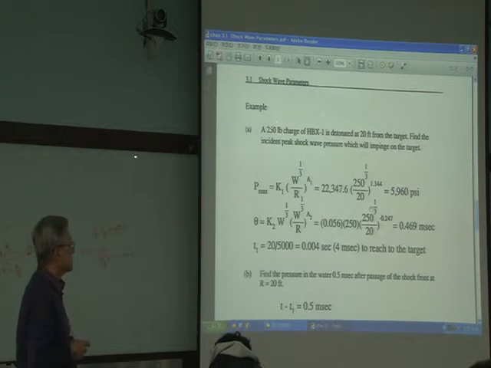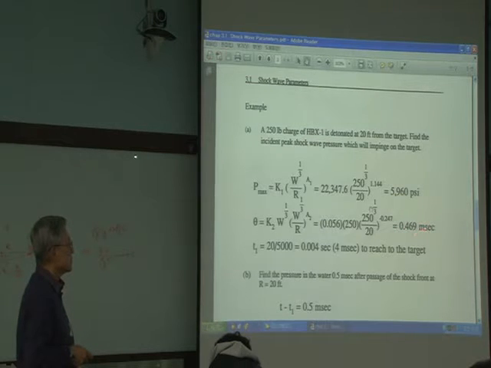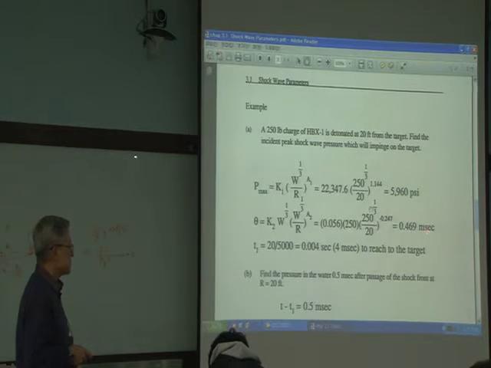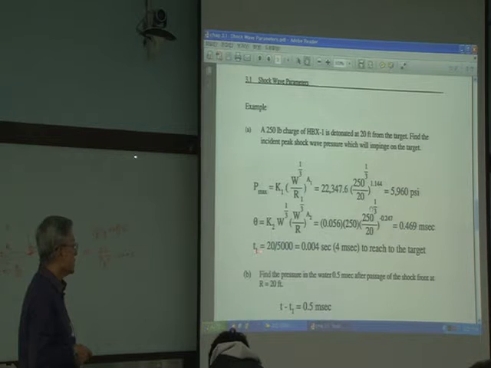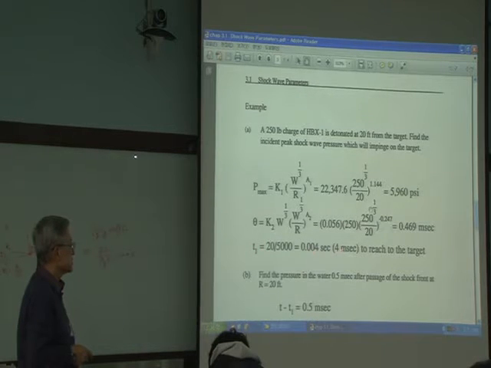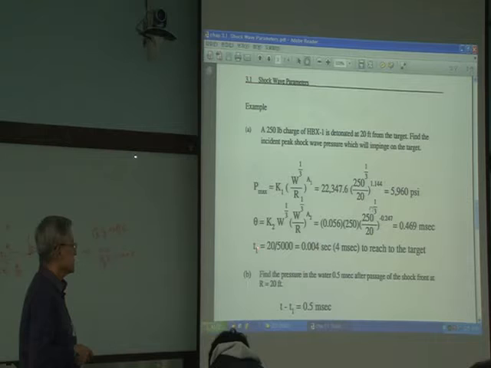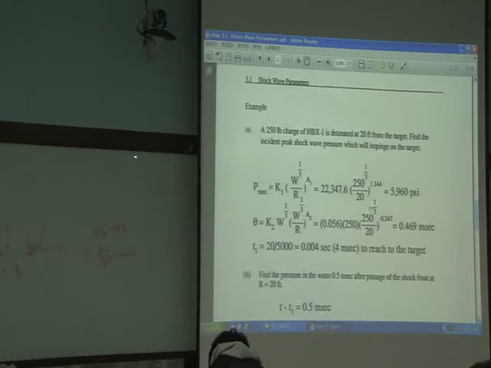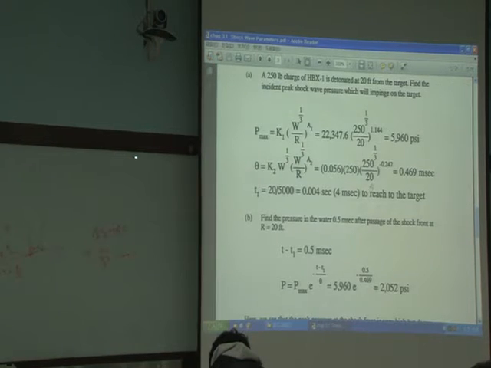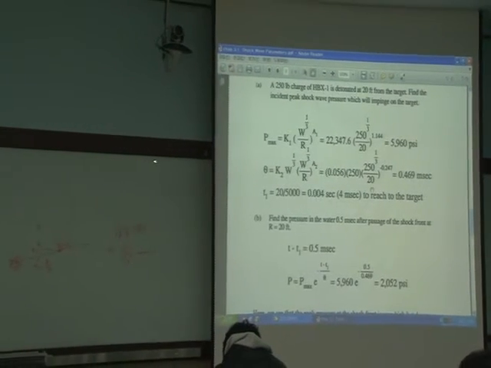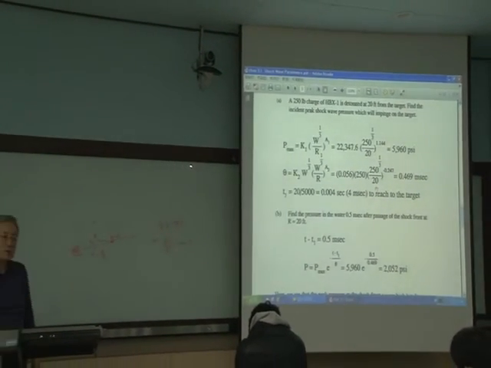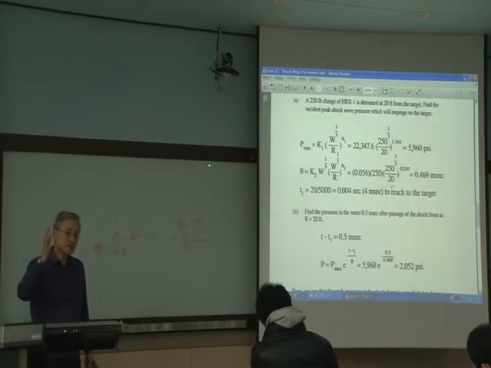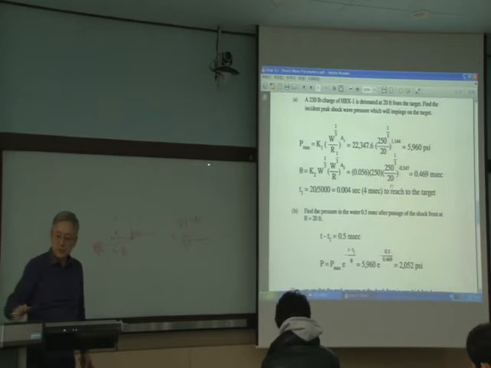So 250 pounds. Theta value is usually in terms of milliseconds. T1 is 4 milliseconds. So you can compute all the parameters. And T minus T1 is 0.5 millisecond. That T minus T1 is the time after hitting the target.